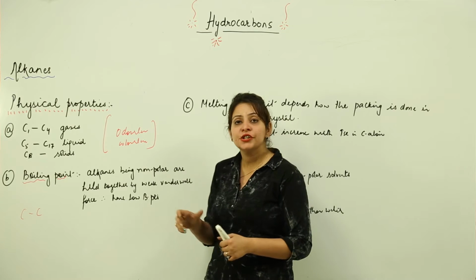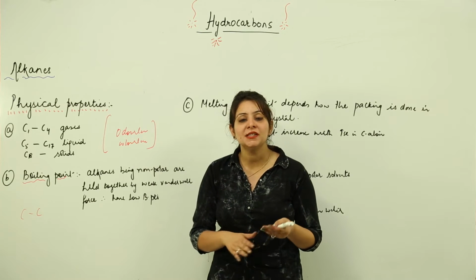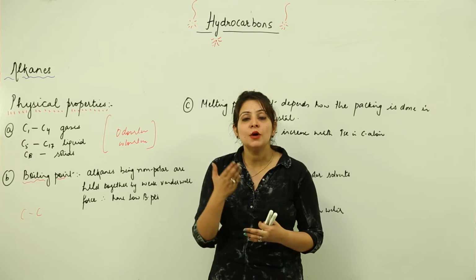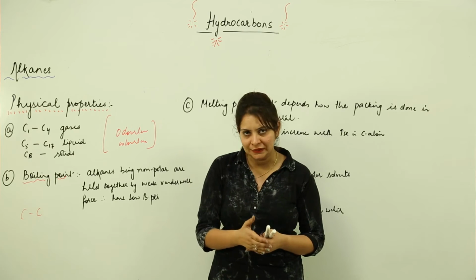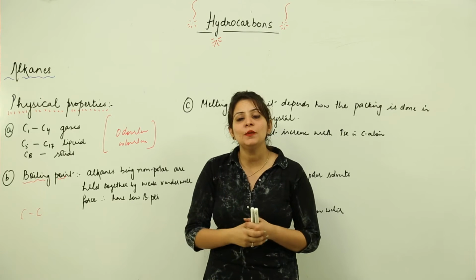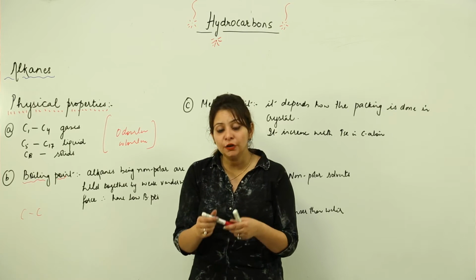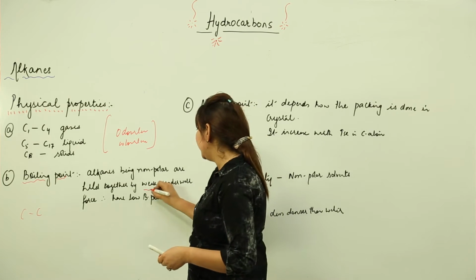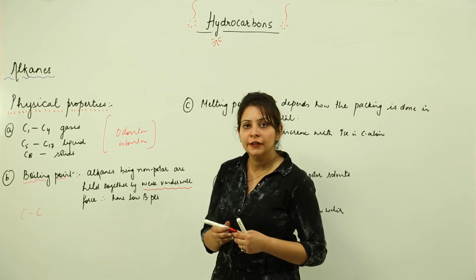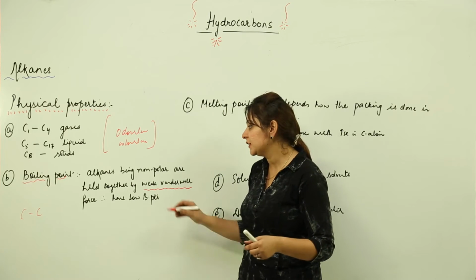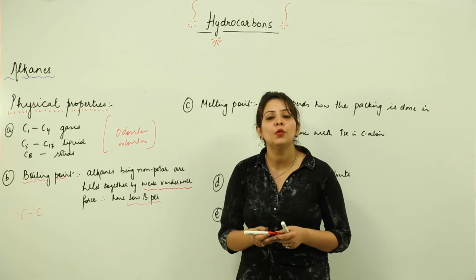It is a covalent bond, and out of that it is a non-polar one. Because it is non-polar, it does not possess any strong interactions. It possesses only weak van der Waals force, so generally they have a low boiling point.